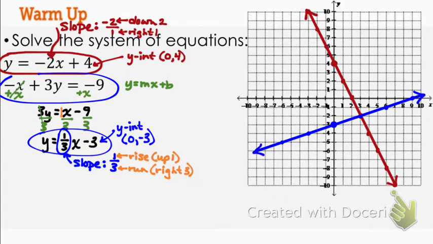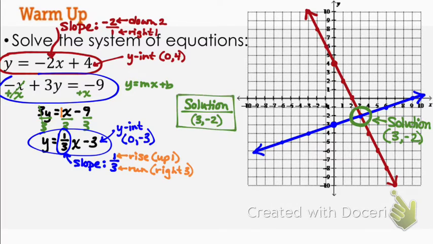How do I know where that solution is? Where they cross each other. So right here is our solution. What is that ordered pair? 3, -2. All right, so our solution is 3, -2.